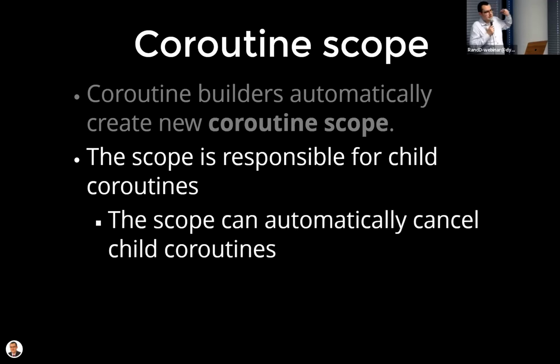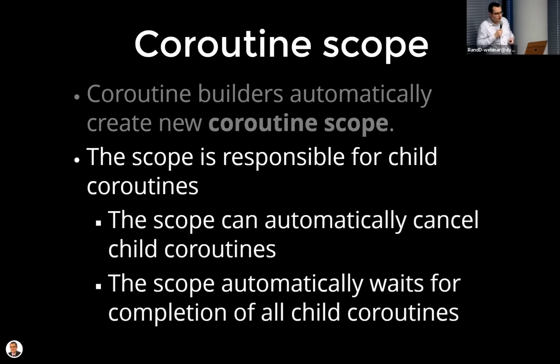If you, for example, cancel the main one or some core one, then all of its children will also be canceled. And you automatically wait for completion of all child coroutines. So it makes it easier to track what's going on and to make sure that there's no loose thread that is still executing something and we forgot about it.